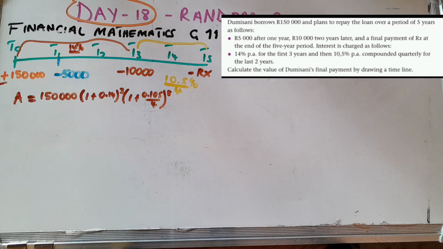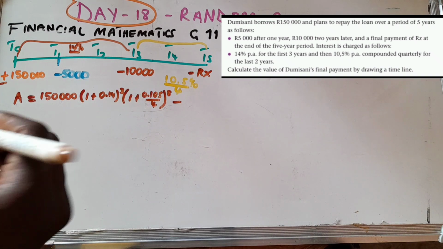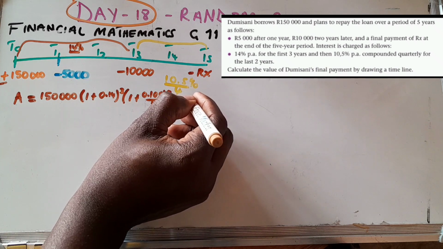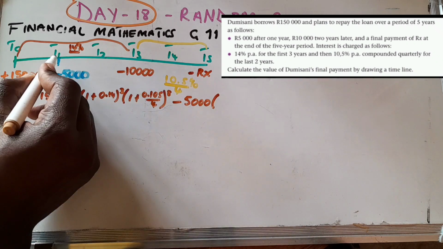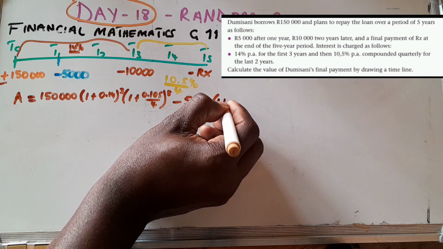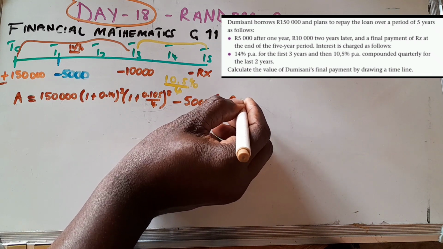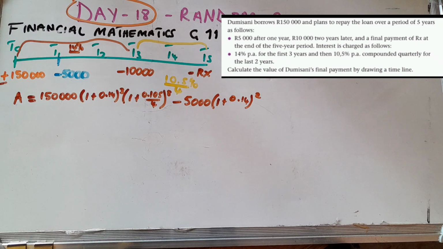We move to the second value, which is 5,000. So we are going to say minus 5,000, and then in brackets, it stayed for 2 years under this interest rate. So 1 plus 0.14, and then 2 years.